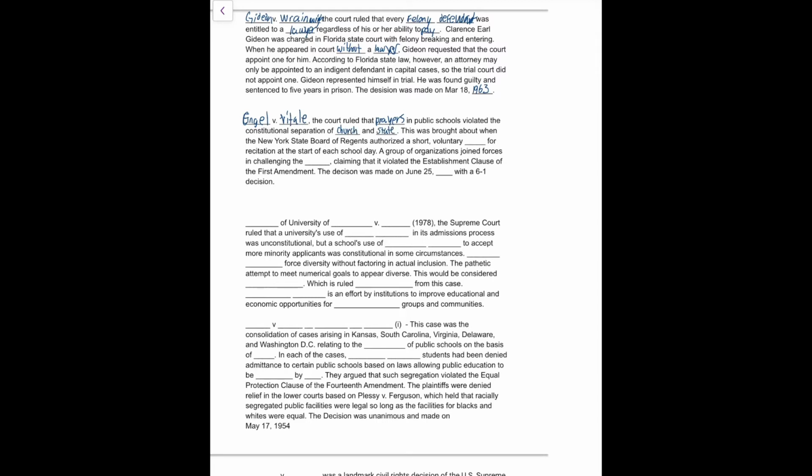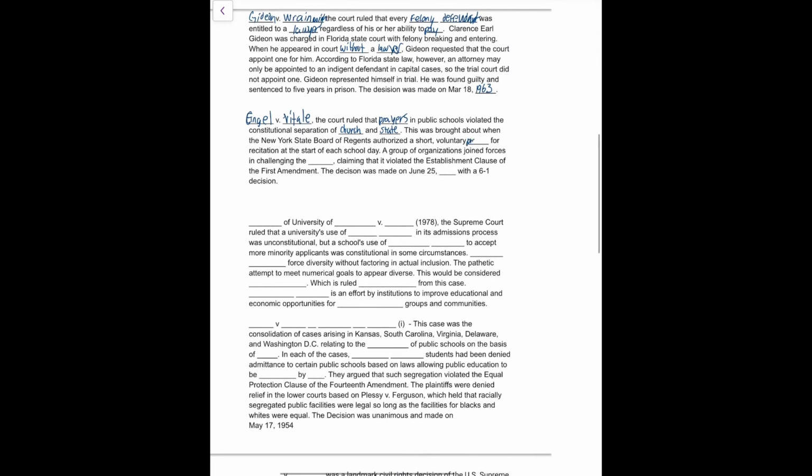This was brought about when the New York State Board of Regents authorized a short voluntary prayer for recitation at the start of each school day. A group of organizers joined forces challenging the prayer, claiming that it violated the Establishment Clause of the First Amendment. This decision was made on June 25th, 1962, with a 6-1 decision.